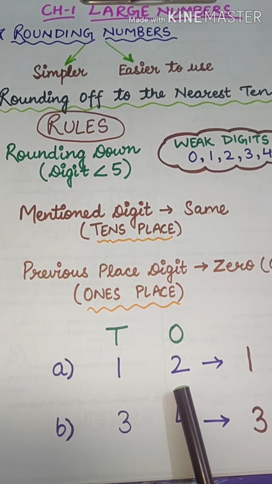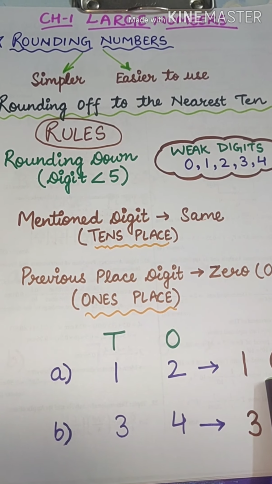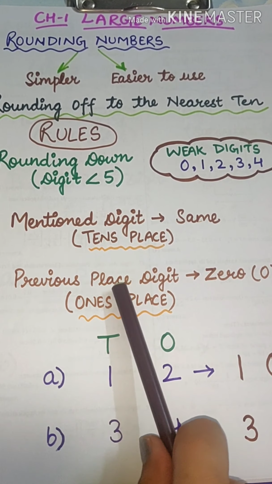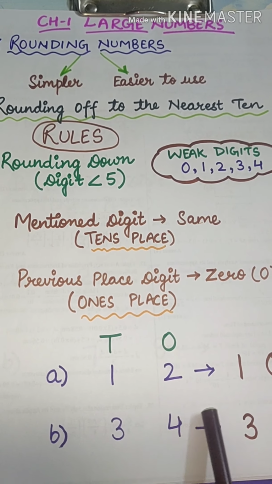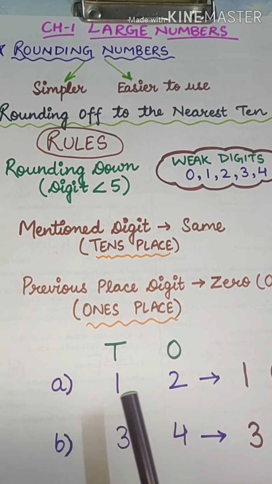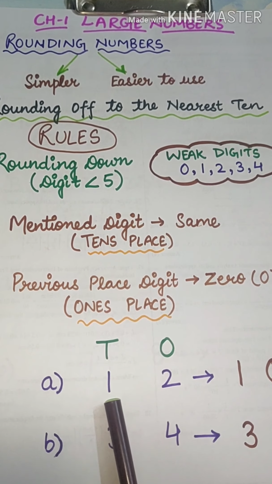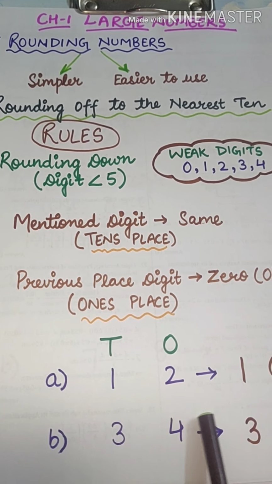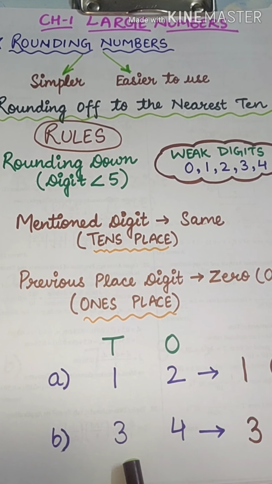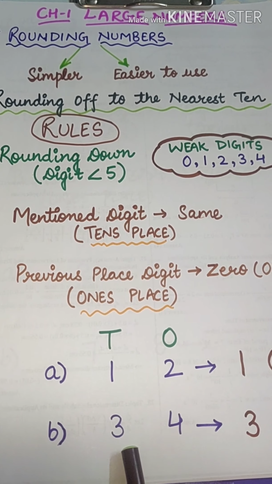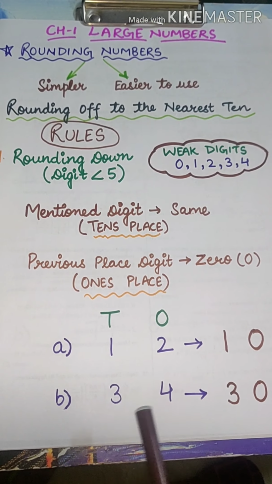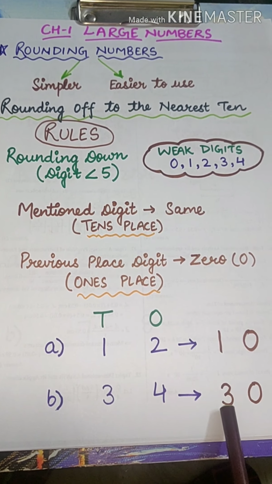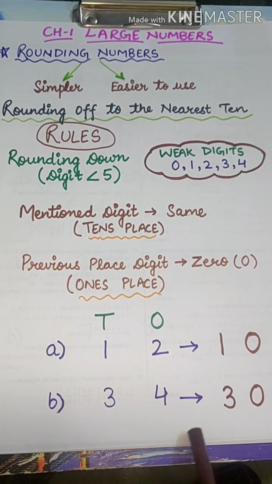Now 2 will become 0, as we have learnt previous place digit which is at ones place will become 0, and the digit which is at tens place will remain the same. Same for this example, 34. 4 will become 0 and 3 will become 3 only. It will remain the same.